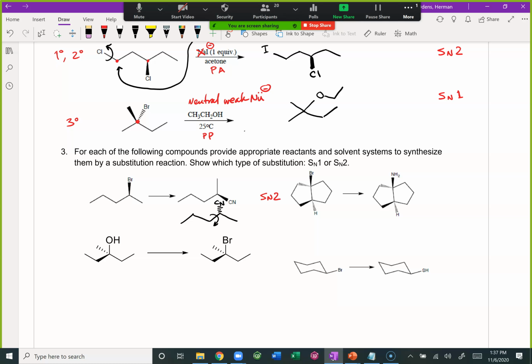All right. And what would you use here? Help me out. Sodium cyanide. And what solvent will you use? Ethanol? Ethanol will be polar protic. Give me a polar aprotic, because it's an SN2. Acetone. Very good.